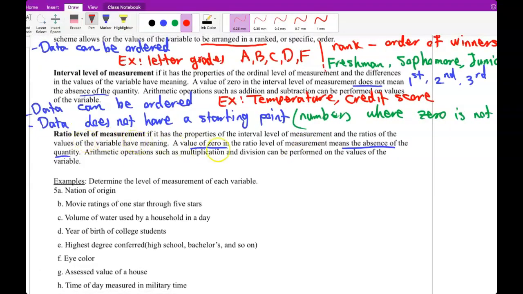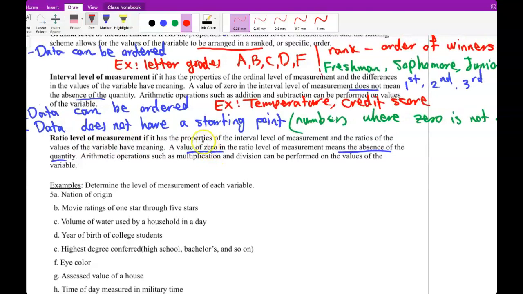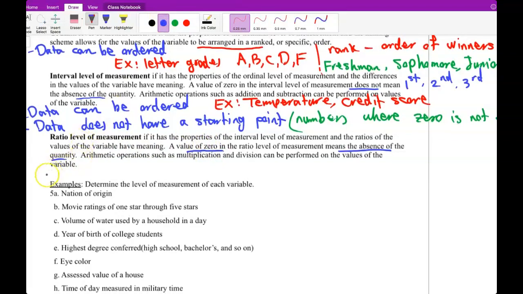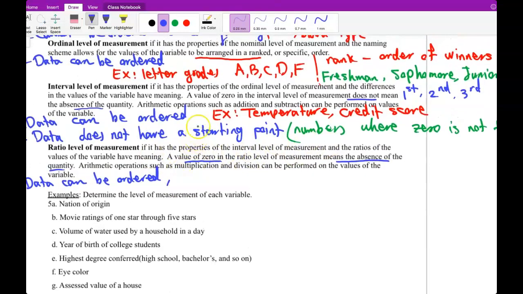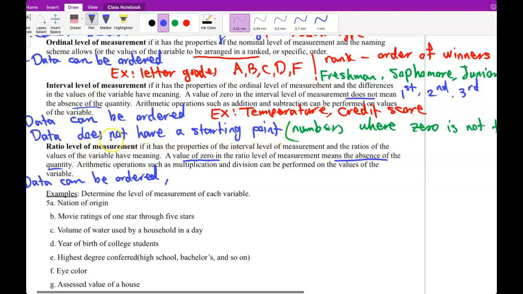Next one, ratio level of measurement. Here again, we have the same thing, data can be ordered. And the data have a starting point. The first part was exactly the same as the interval part, but here instead of doesn't have a starting point, we do have a starting point.